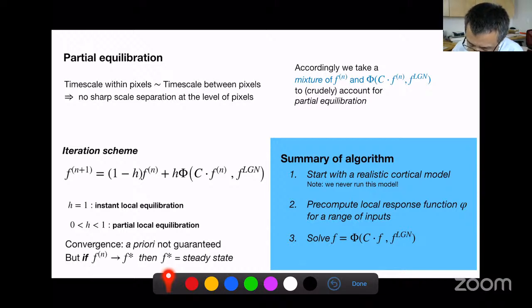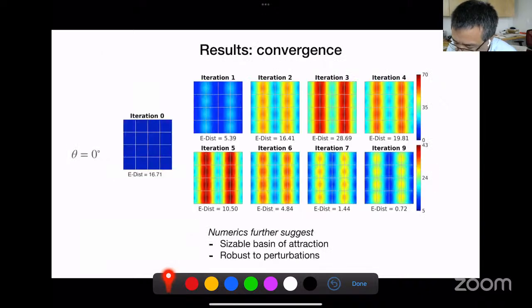Okay. So in the time that I have left, I'm going to show you this algorithm in action. So this first slide shows you the iterations. So this is the initial condition. Here I'm showing the E firing rates. This is a 4x4 patch of cortex, with theta equals 0, so with a vertical grating.